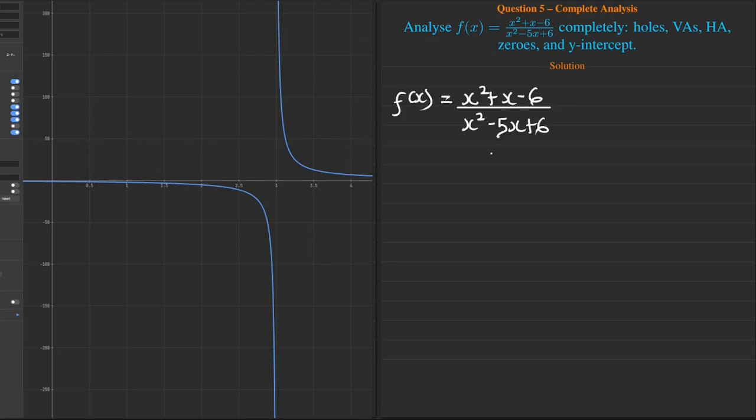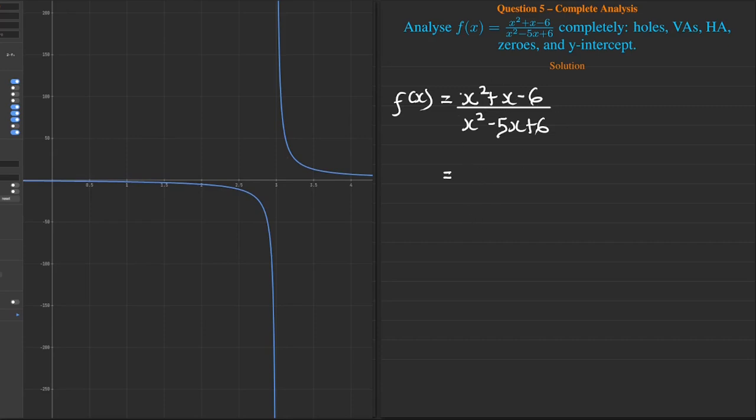So for the holes, before we even do that, let's factorize our function. We've gone through all of factorization, hence I'll just quickly write what we have here. So factorizing our numerator, we know the factors of -6 will give us 3 and -2.